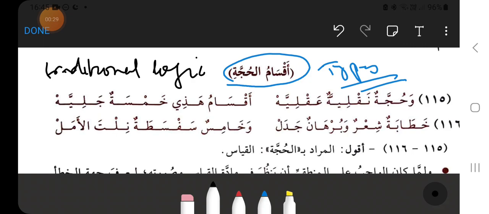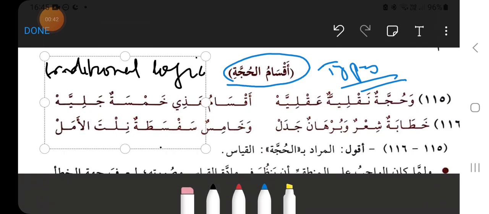And this Sulam al-Munarak is a book which is widely taught in the Arab world and also in North Africa, Al-Maghrib al-Islami.